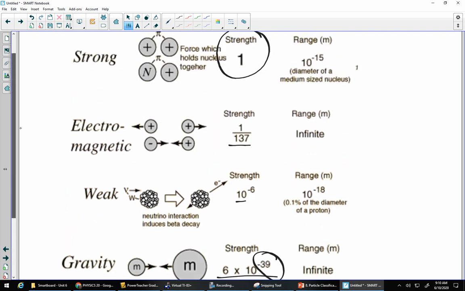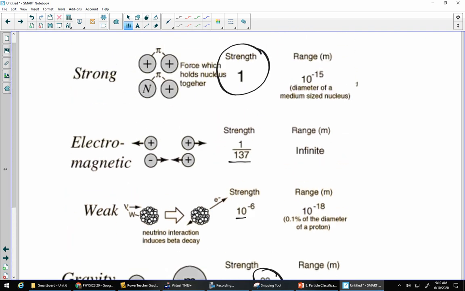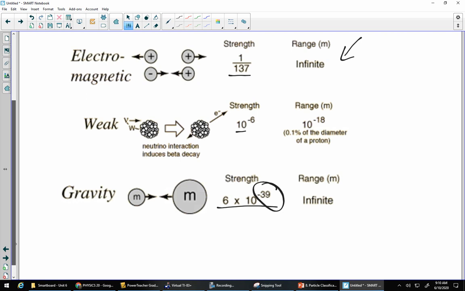Cool, and then of course the range. We know that the strong nuclear force is ridiculously short, only really acts when those nucleons are right next to each other. The electromagnetic force is infinite.